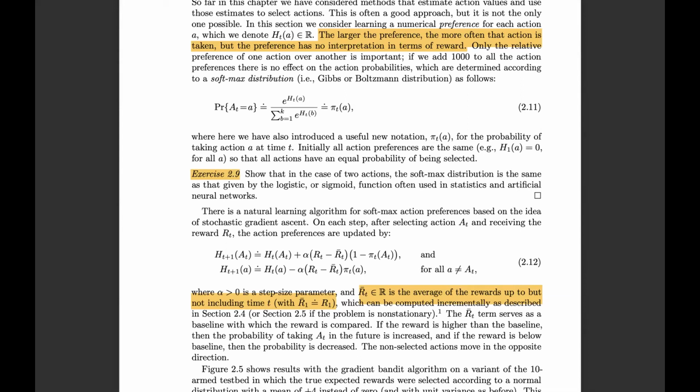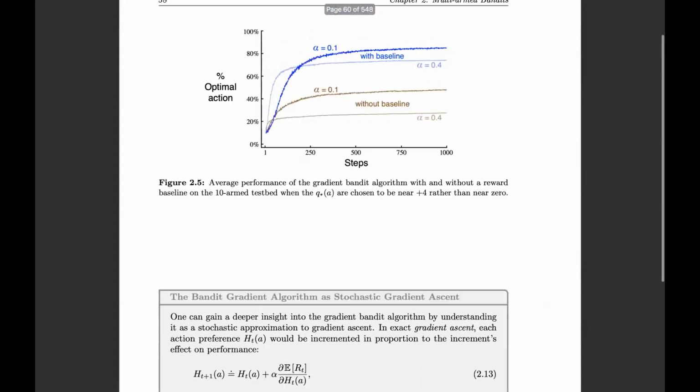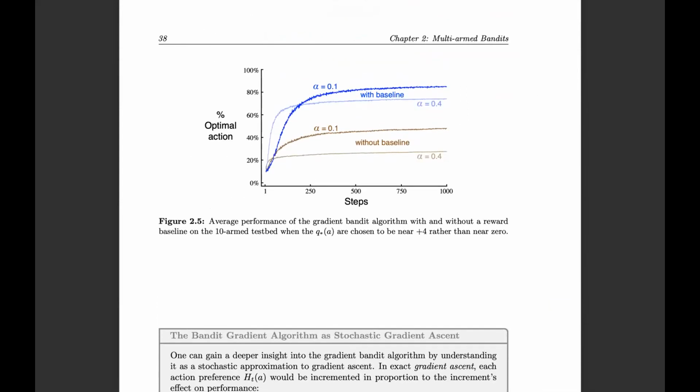If we go to the graph on page number 38 as figure 2.5, here they have shown a stochastic approach with respect to some approximations being applied, and the RT bar here is taken as 4 in the upper blue line, I think.